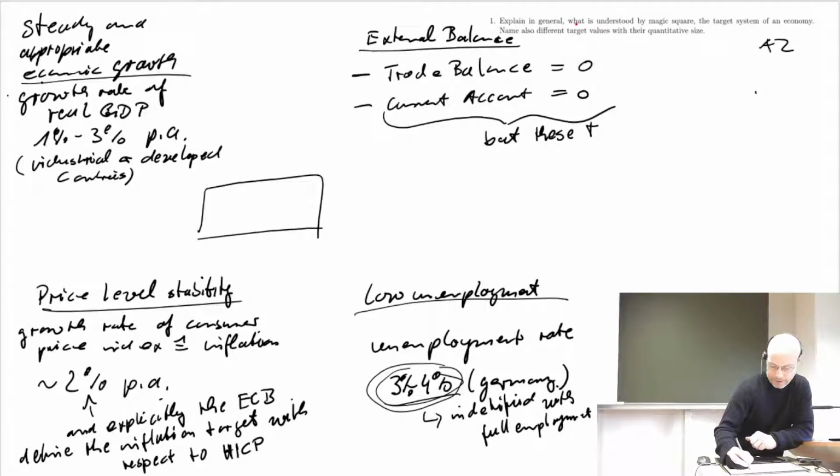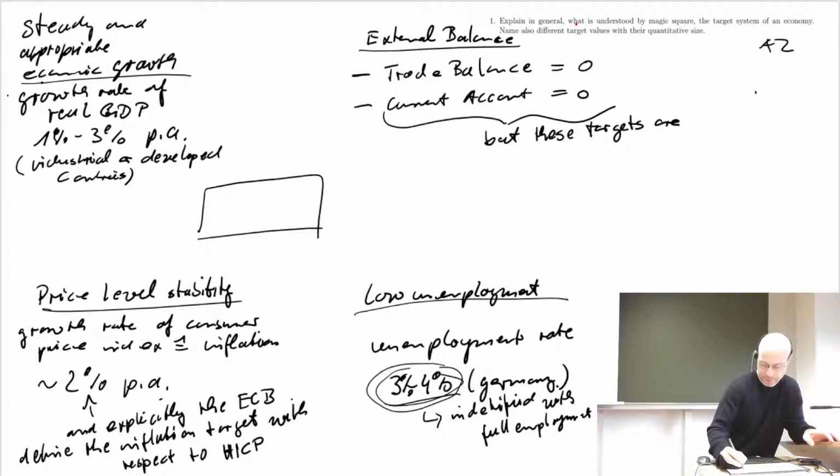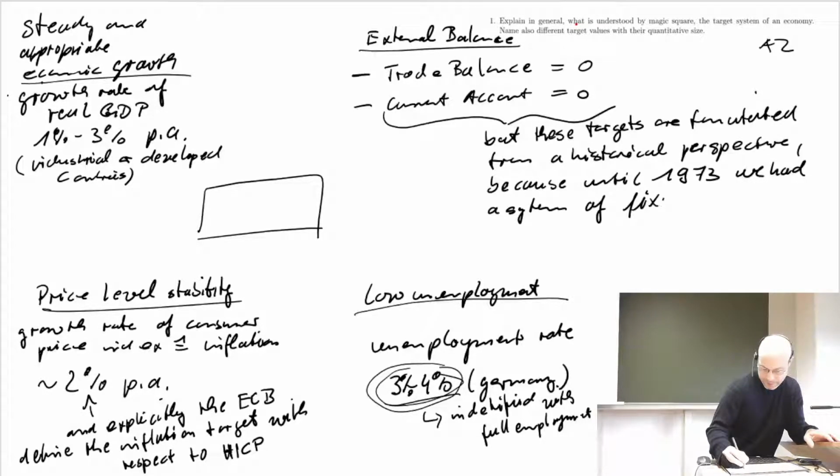These targets are formulated from a historical perspective, because until 1973 we had a system of fixed exchange rates.